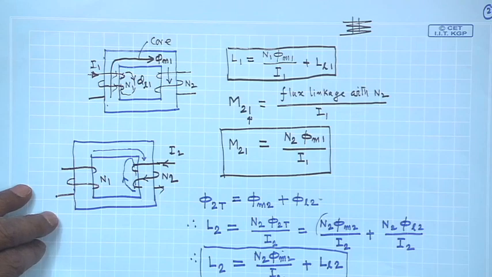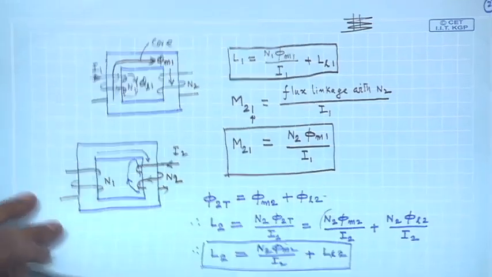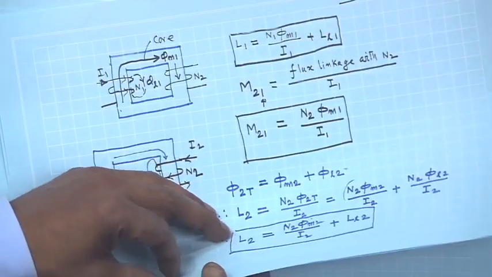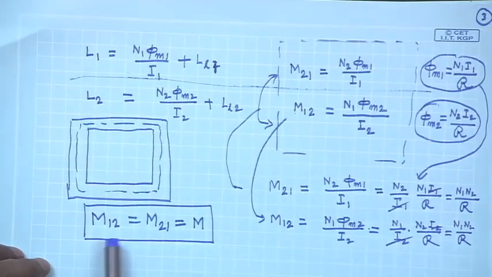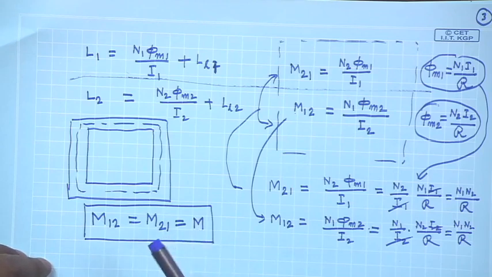Last time we found out L1, M21, M12, and eventually in my last class we got that M12 and M21 are the same and equal to capital M.